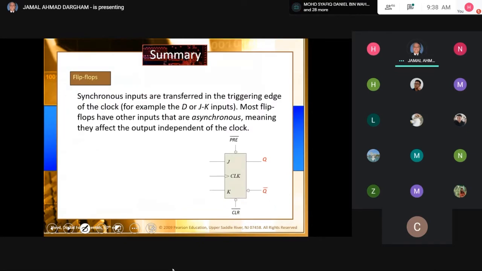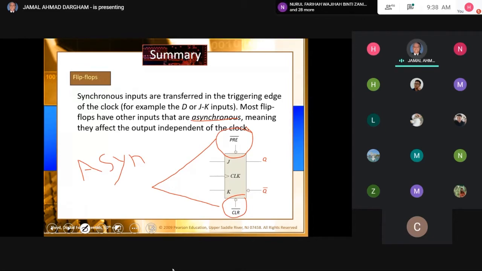Now, most JK flip-flops sometimes have additional inputs called the preset and the clear. These are called asynchronous, which means they are not affected by the clock.